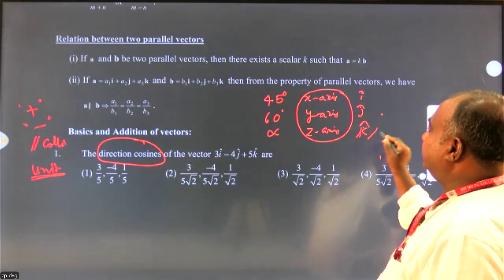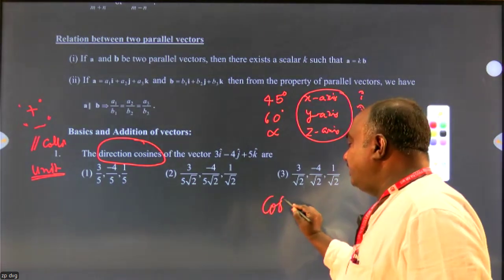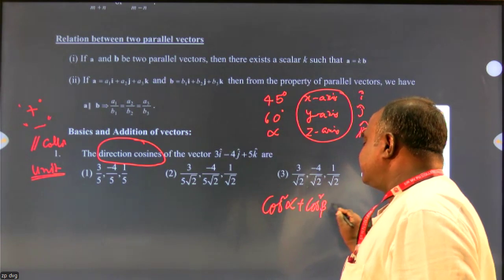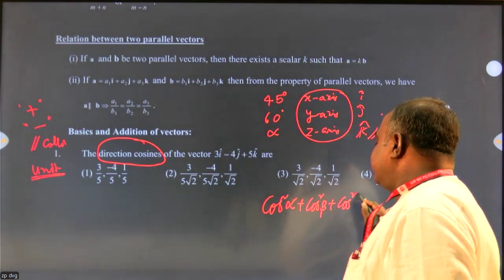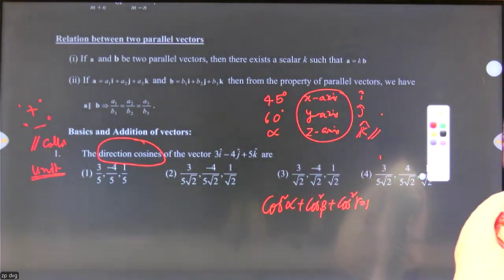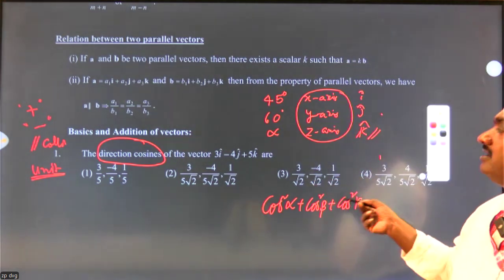In the same manner, what is the formula we discussed? Cos square alpha plus cos square beta plus cos square gamma is equal to 1. In this, you have to substitute alpha, beta and gamma, and then you get the remaining value.